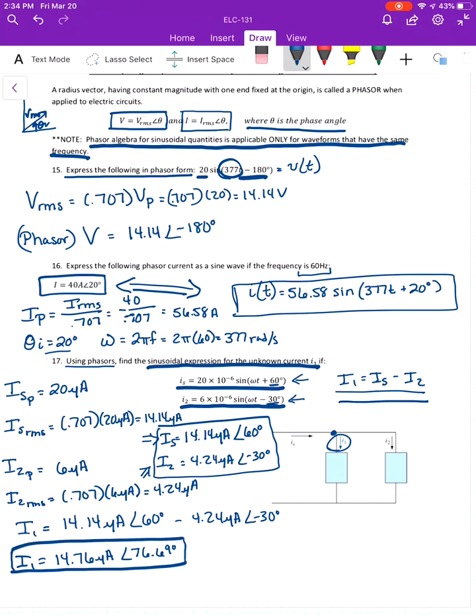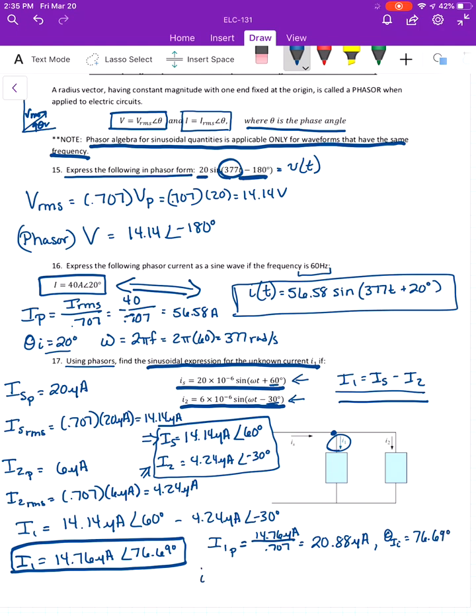And we're asked to find the sinusoidal expression for I1, so we're going to convert this phasor back to a sinusoidal expression. So I1 peak is going to be that 14.76 microamps over 0.707, so 20.88 microamps. Theta I1 will be that 76.69 degrees.